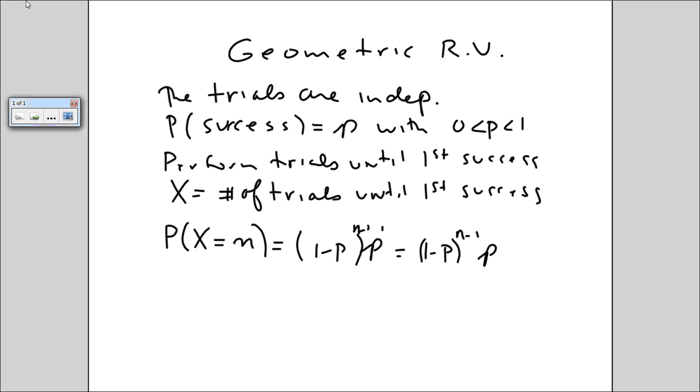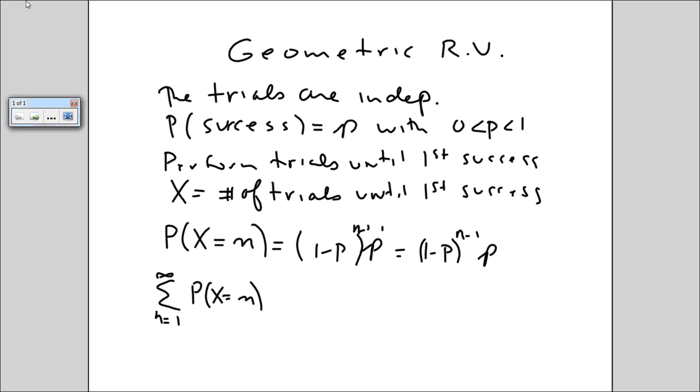Okay. Now, let's prove that this really is a random variable. What is the summation as n goes from 1 to infinity of the probability that X is equal to n? That is, the probability that X is 1 plus the probability that X is 2.